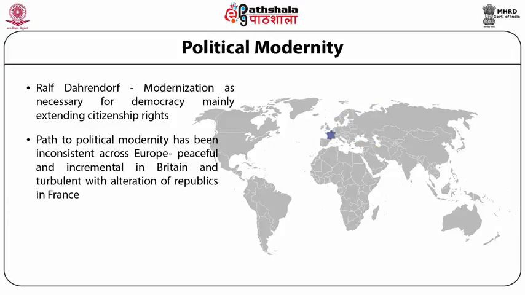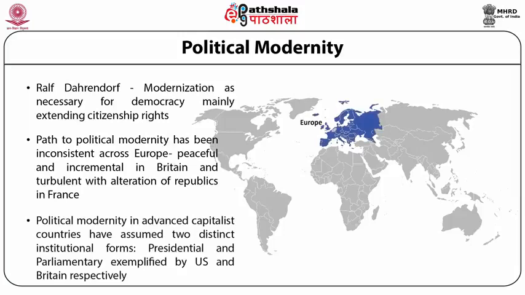In France, political modernization became highly turbulent because of frequent alteration of republics. Political modernity in advanced capitalist countries has assumed mainly two distinct institutional forms, presidential and parliamentary system. And the perfect embodiment of the presidential system is the United States, and the paragon of the parliamentary system is Britain.